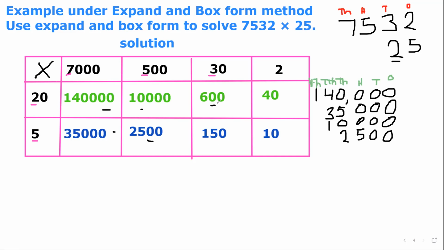So the 640: the 0, 0, and then 6. 150: 0, 5, 1. Then the 40: 0, and then 4. And then the 10: 0, and 1.